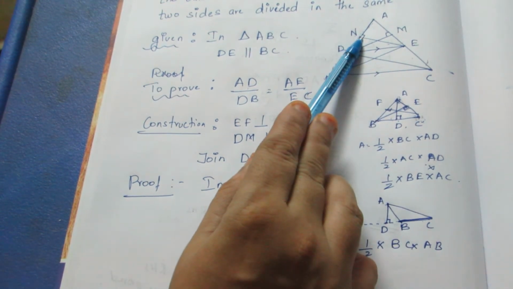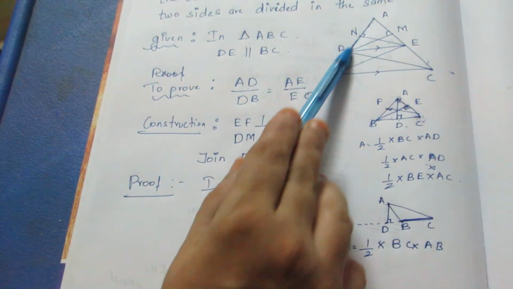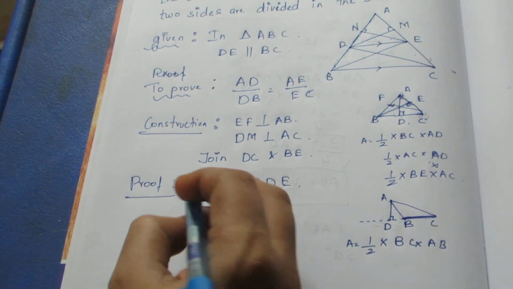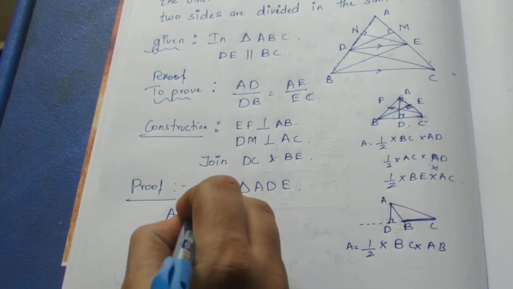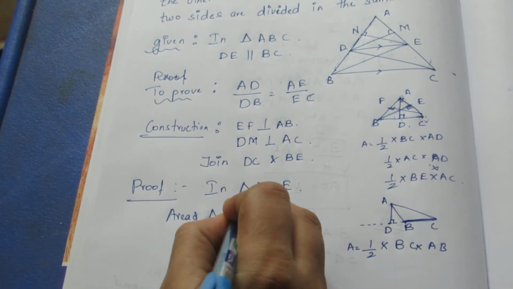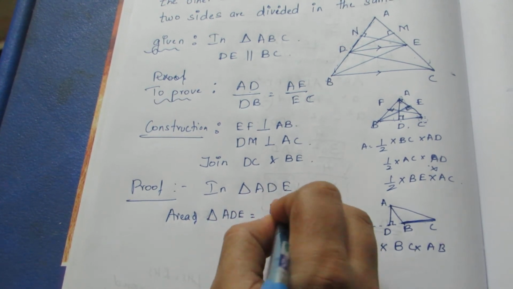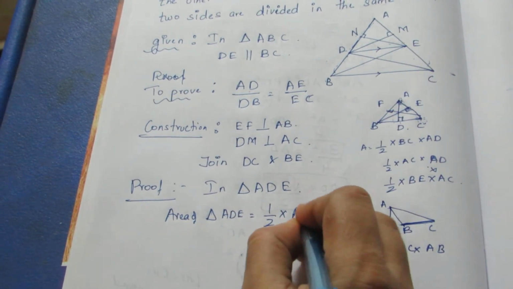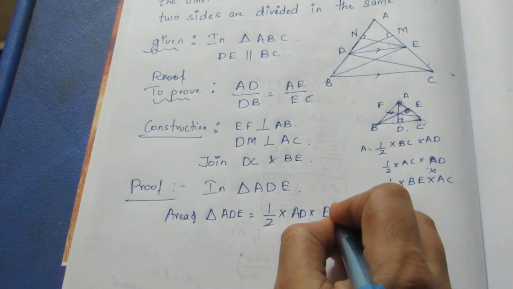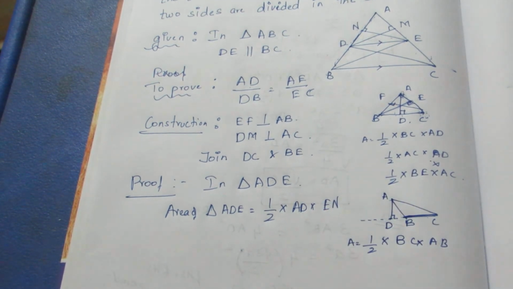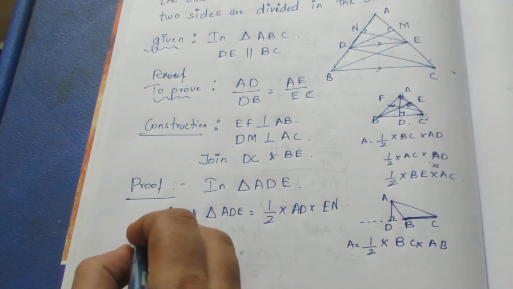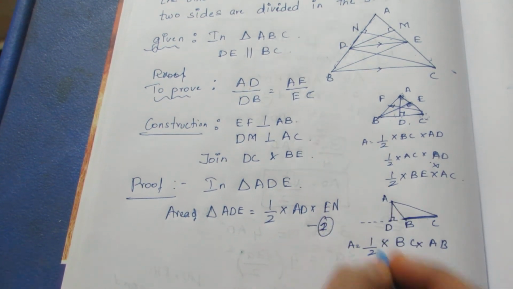The 90 degree comes here, so this will be my height for the base AD. So the area of triangle ADE is equal to half into base AD, height is EN. Let me take this to be equation 1.